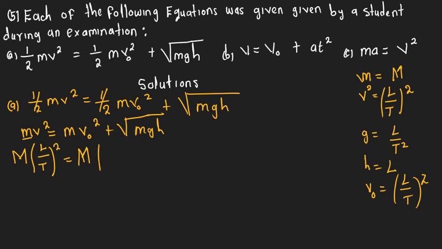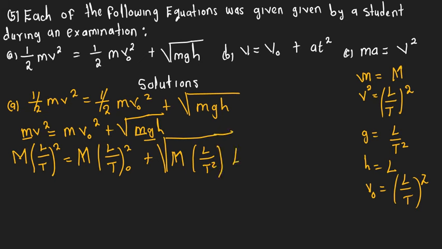Then here I'll put L over T power 2, but this is the initial, plus, then I'll get this, my square root. The dimensions of mass is simply big letter M. The dimensions of gravity is simply L over T power 2. The dimensions of H is simply L, like that. Okay, it's simply L like that.